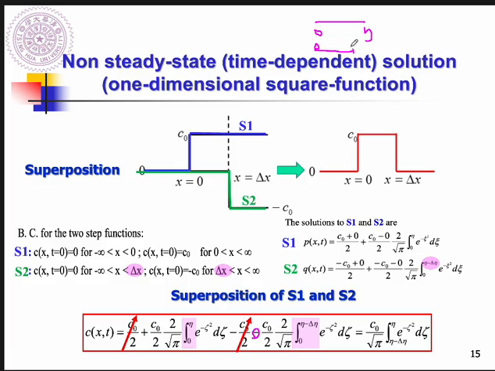iota minus delta iota. So you use this minus this term, and the term you're left with is here. So this is the integral from iota minus delta iota to iota.